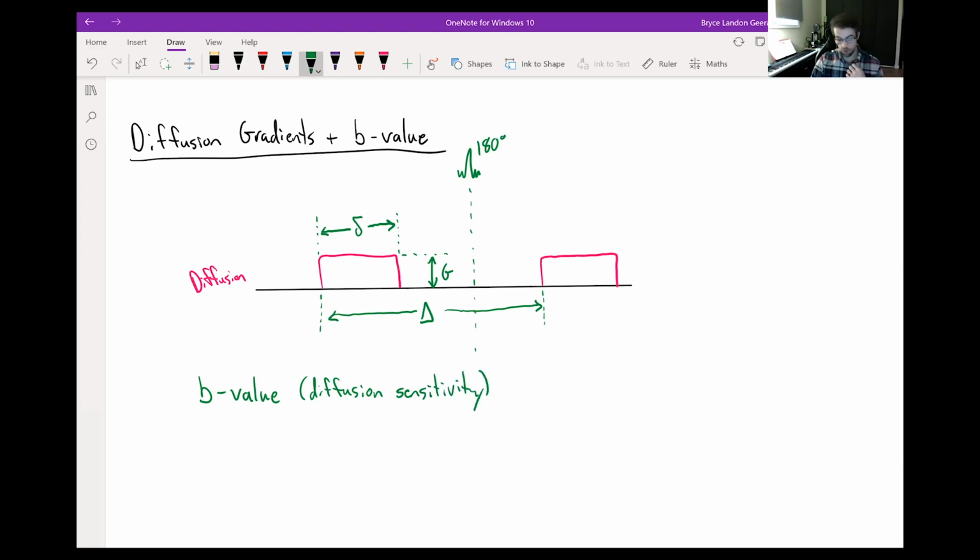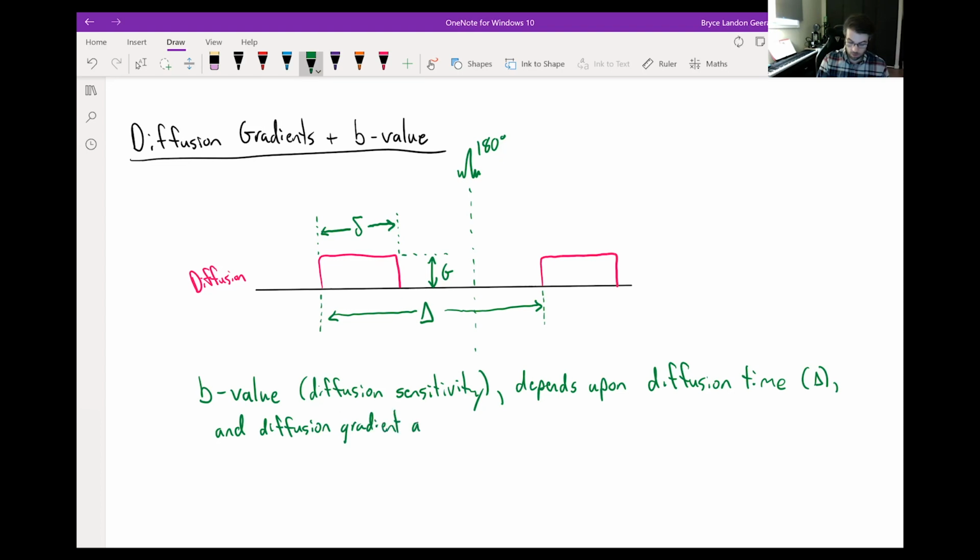And like I just drew out, it depends upon diffusion time, which is our big delta, and diffusion gradient amplitude, G, and duration.